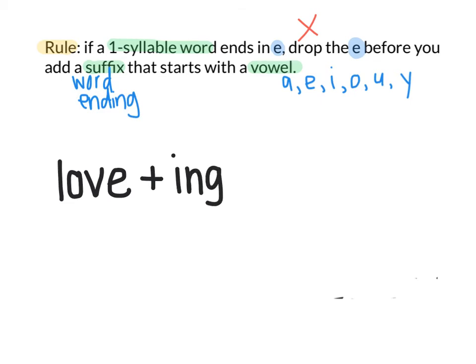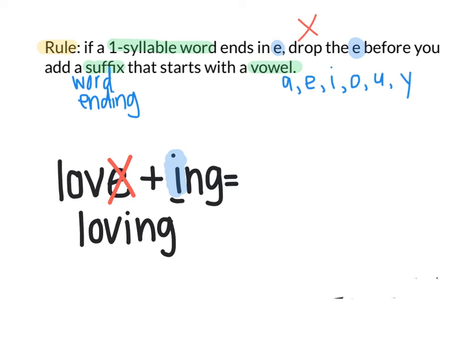So if I look at my suffix, I see that it starts with a vowel, right? It starts with an I. That means I'm going to drop that E. And my new word, loving, is going to be spelled L-O-V-I-N-G. So it's kind of like the vowel at the beginning of the suffix kicks out the E. Okay?